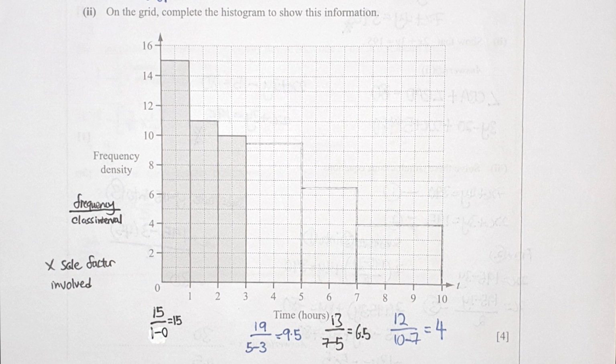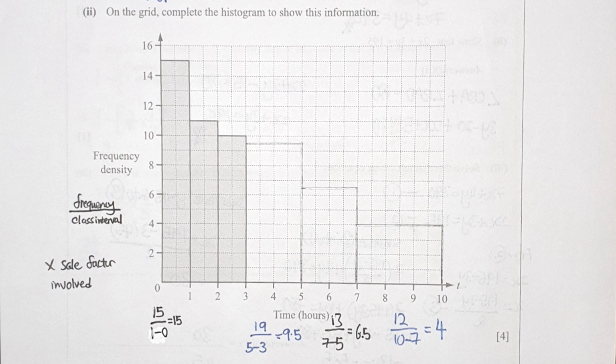As usual, what I did here at the frequency density diagram is to check whether there's scale factor involvement or not. You're required to run manual calculation on the parts they gave to you. I took 15 divided by 1, the result is 15, which proved that there's no scale factor involvement.